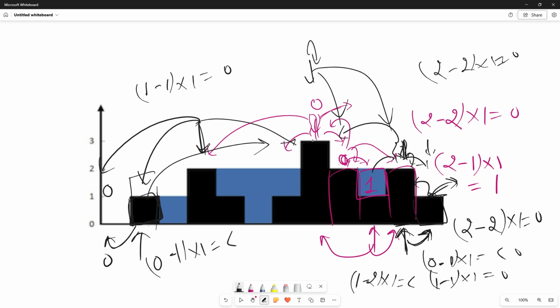For example, at this position the maximum height bar toward the left is this one, or itself. When we say this one and this one, the minimum is either this or this, any one. So that is 2 minus the height of the bar itself, that is 3, it will be negative, so we will not consider this result.